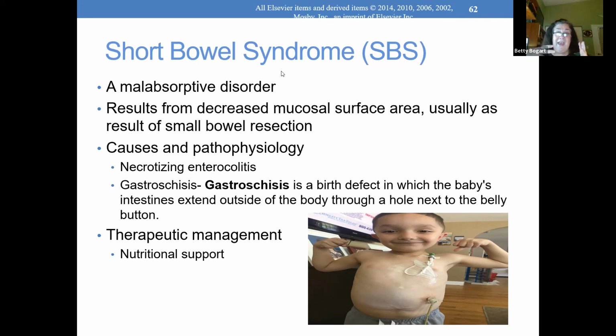Depending on how big the portion of bowel is, I've seen 58 centimeters of the small intestines removed on my little girl called Jessica. And she forever and ever has short bowel syndrome. So she had a G-tube when she went home for high caloric nutrition during the day.